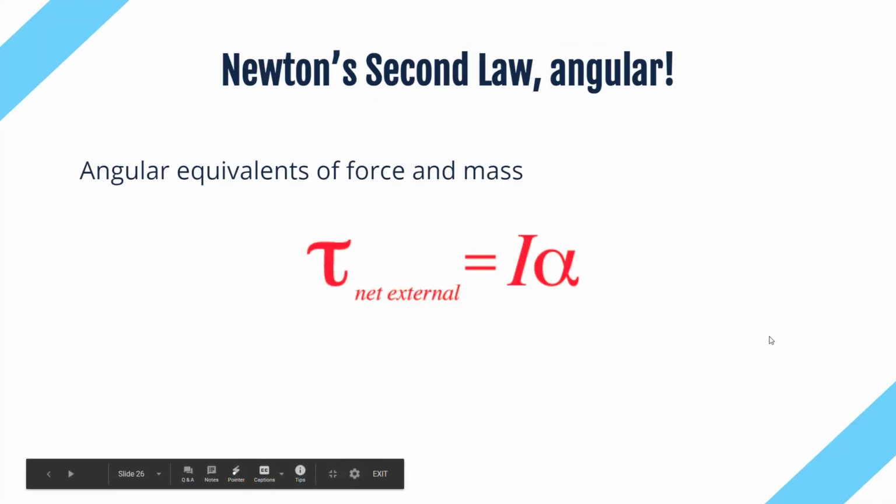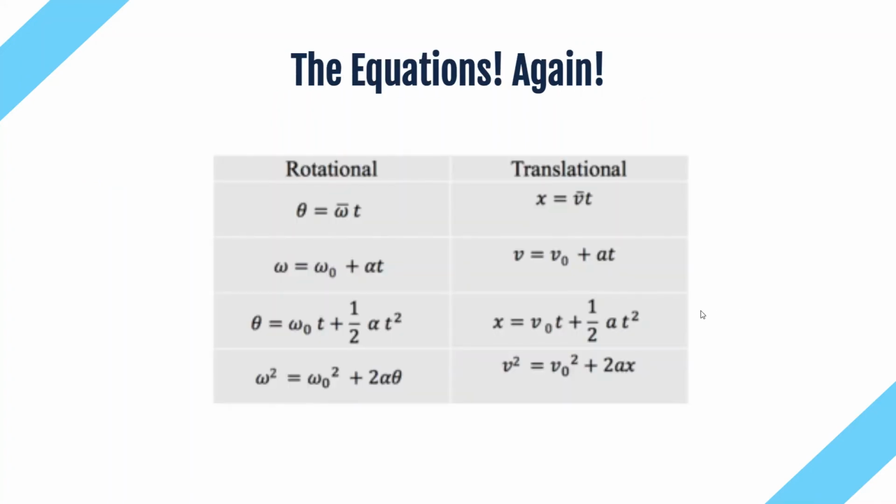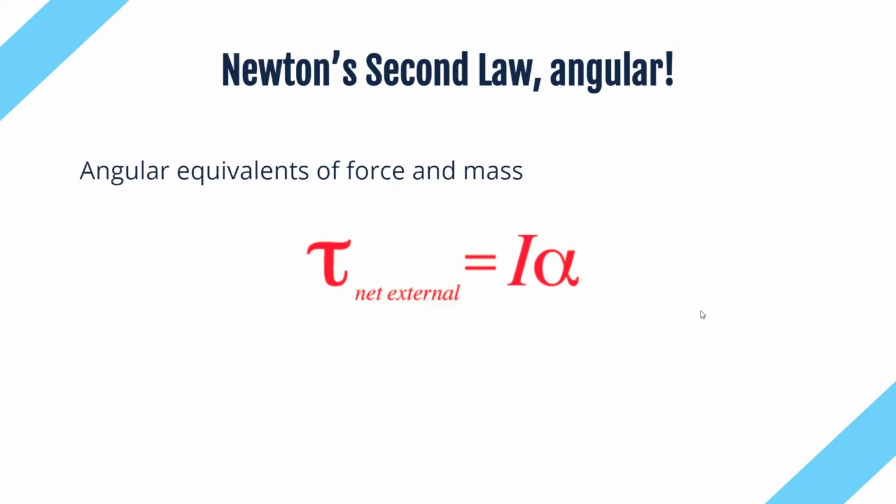Now, the final thought that I'll leave you guys with is that you can also apply Newton's second law to angular motion, except similar to how we had equivalents for displacement, velocity, and acceleration, we have the equivalents here as well. Instead of force, we have something called torque. So this is represented by tau, and it's essentially the net external torque on a system.